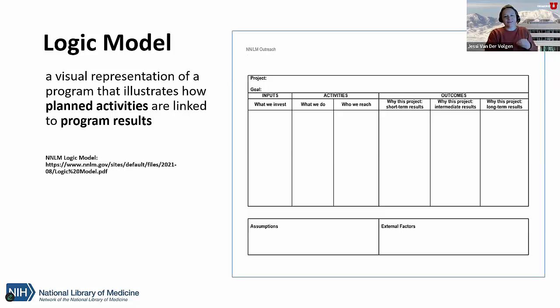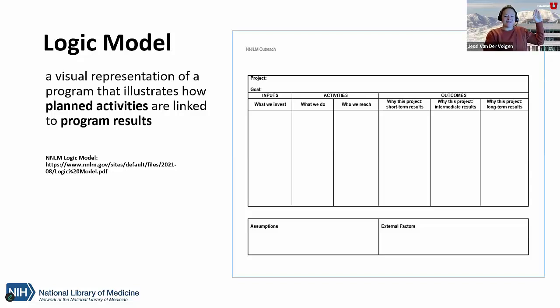But a logic model is a visual representation of a program that illustrates how your planned activities are linked to the program results. A well-constructed logic model can make it easier to plan outreach programs by helping you determine the resources and activities you need. As complicated as they may sound, they actually can be pretty easy to use and helpful to get from program idea to evaluation.